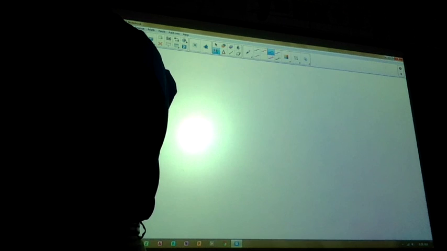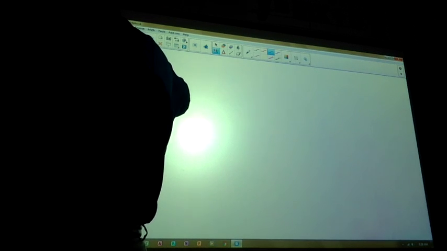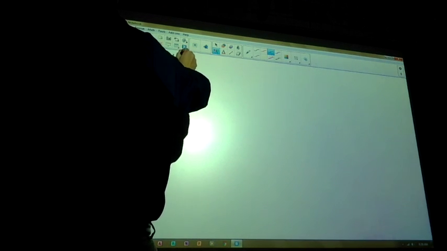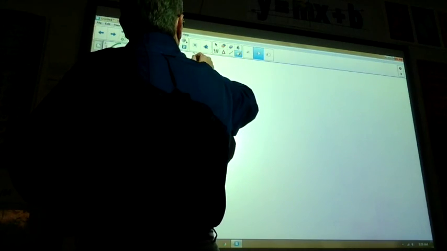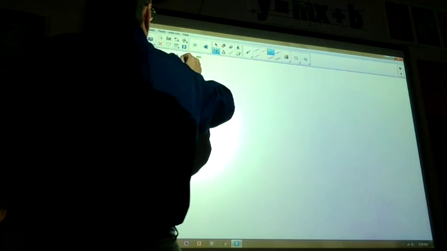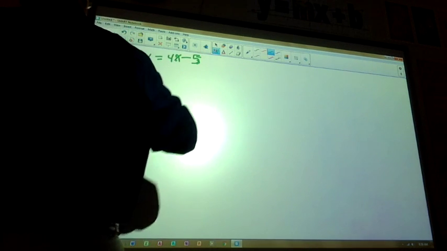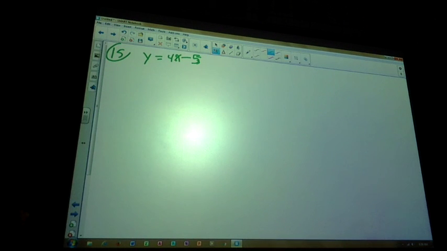All right. So number 15, we have y equals 4x minus 5. For each linear equation, identify the slope and the y-intercept. If the equation is not in slope-intercept form, change it to that form. So it means get it y equals.